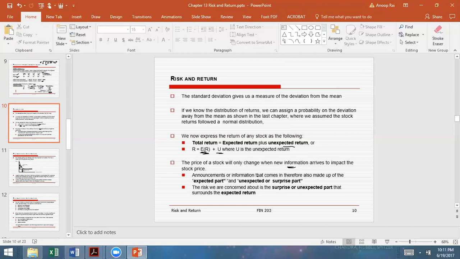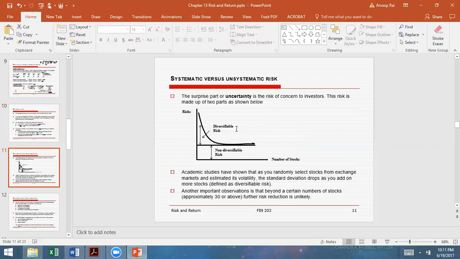So announcements and information that come in are also made up of an expected part and an unexpected, or surprise, part. What we are now going to focus on is the surprise, unexpected part that surrounds the expected return.